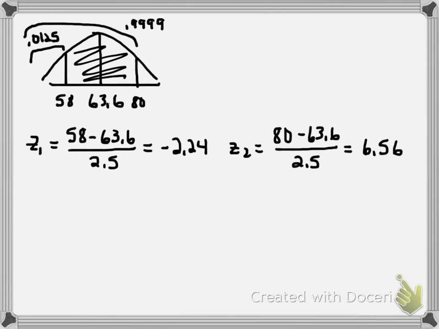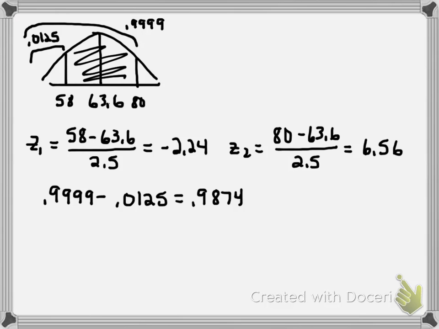So we need to subtract these areas. And that should give you 0.9874. So that's the probability that the women's heights will be between 58 inches and 80 inches.